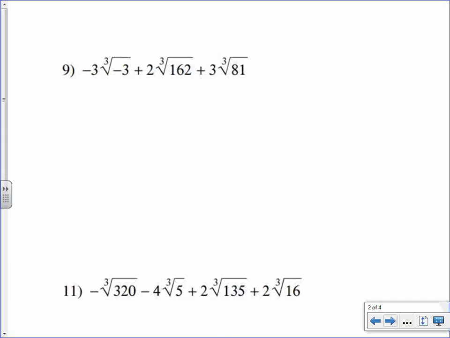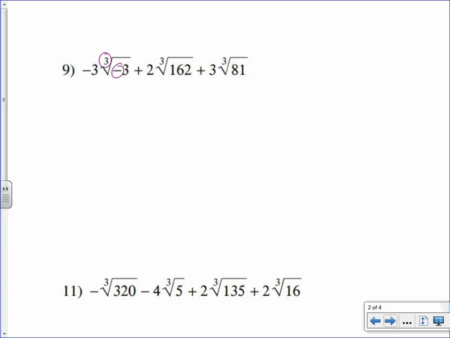For number 9, again, right now they all have the same index. They have an index of 3, but they don't have the same radicand. But all of these can be broken down, and we can see what we can do. Now remember, and I feel like this is probably what got a lot of people, anytime we have an odd index, it's okay to have a negative under the radical, and we can always pull that negative out.